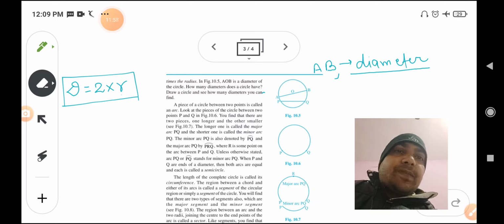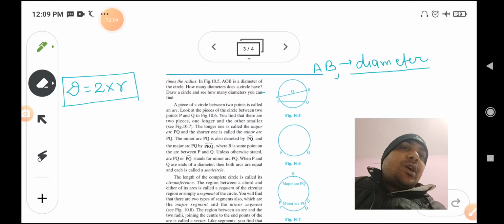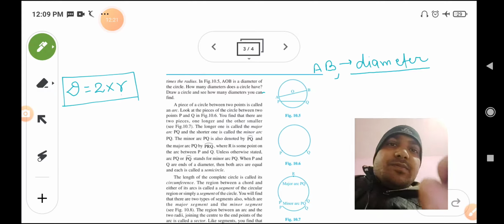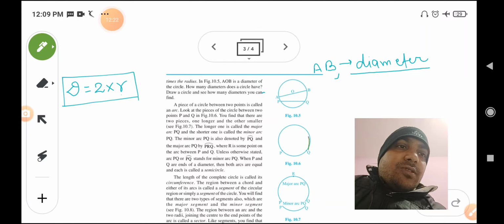A piece of a circle between 2 points is called an arc. Suppose here it is a circle, and if we are taking 2 points P and Q, so these are called arc, right?